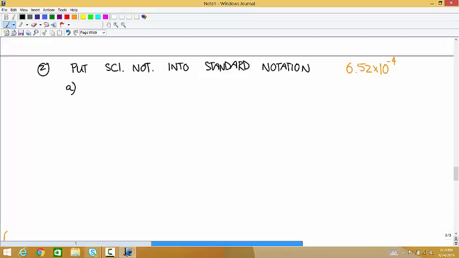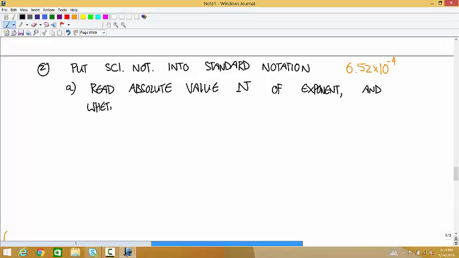Okay, so the first step is read the absolute value n of the exponent and figure out whether the exponent is negative or positive.